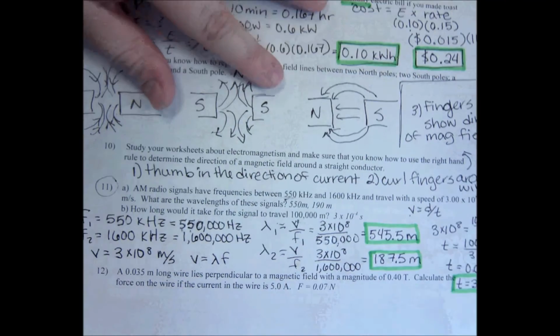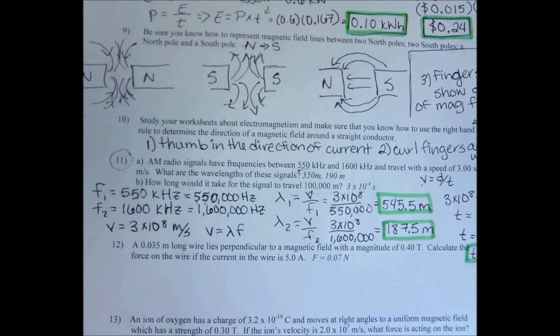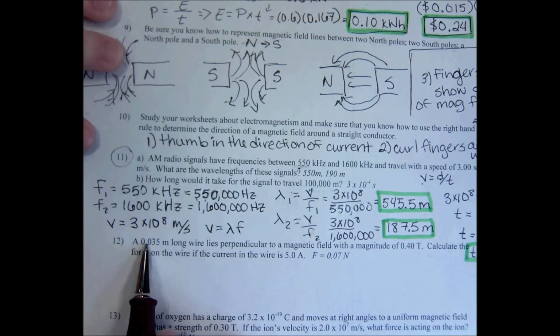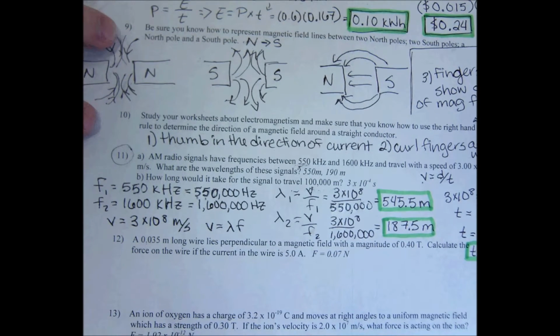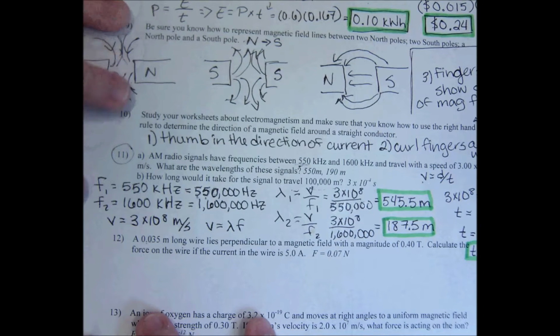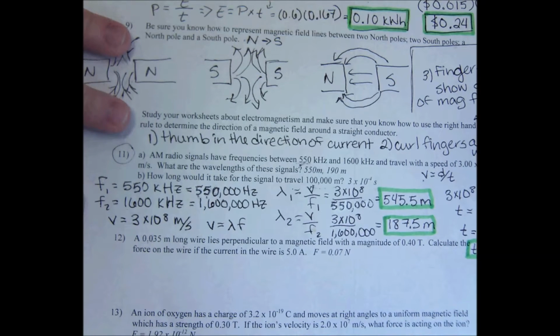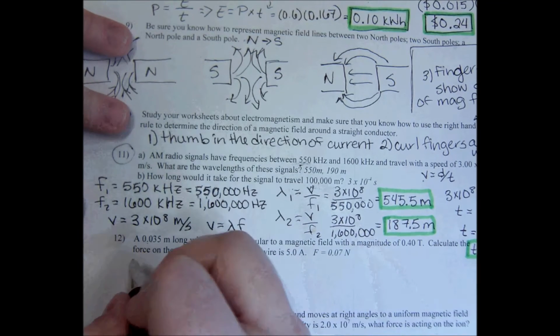All right, now we have our last question. Oh no, we have 2 more that are magnetism. So back to magnetism. A 0.035 meter long wire lies perpendicular to a magnetic field with a magnitude of 0.4 Tesla. Calculate the force on the wire if the current in the wire is 5 amps.